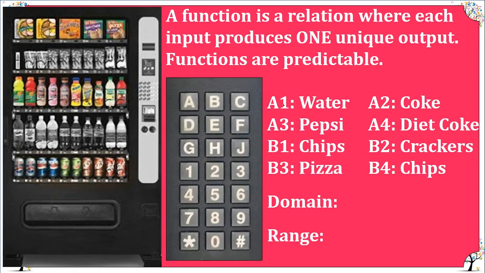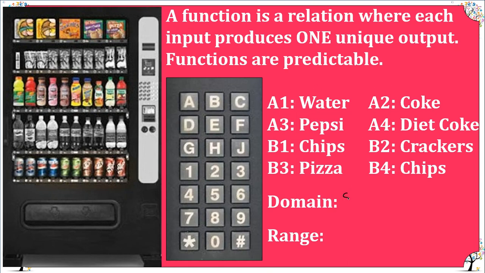So in this example, my input A1 gives me an output of water. My input of A2 gives me out a Coke. My input of A3 gets me out a Pepsi, and so forth. If I click A1 and I get a Pepsi, this is not a function. A1 can only give me out water.